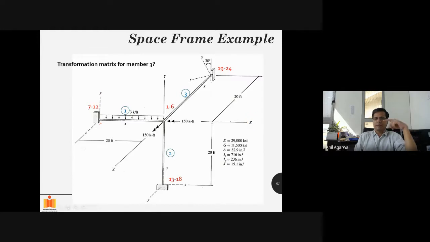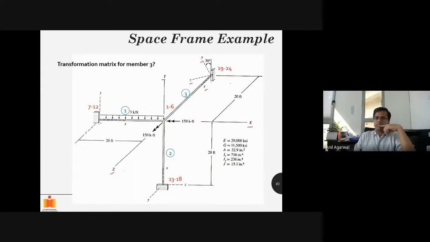For member 3, you can see that this is the local x, y, z coordinate system. Okay, this is following the right hand rule, and the global x, y, z coordinate system is given here. So we will follow the steps as explained before. First, we rotate about which axis? About the y axis, right? That's the first one.